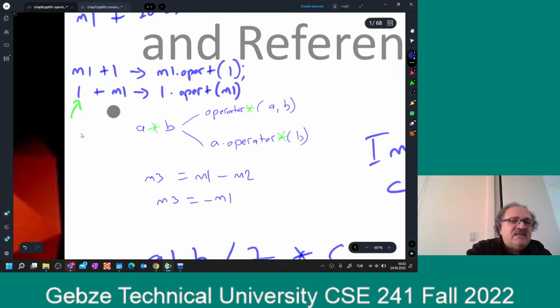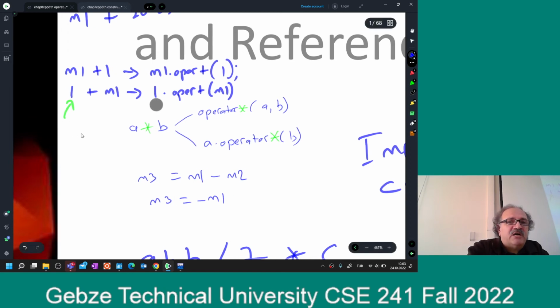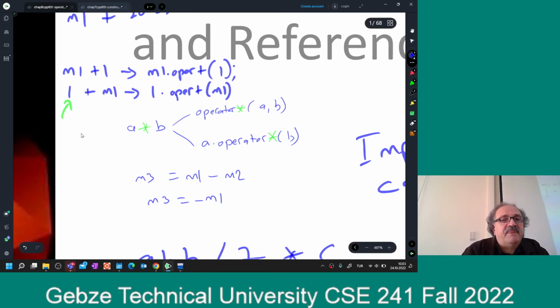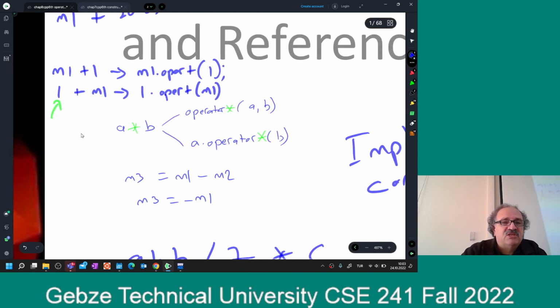But here in this case, okay, it will not try to make a new money object out of 1, because in the class of integers, there is no conversion constructor from money to integers, okay? So this will not work with this notation. It has to be this notation, that is the global function overload.